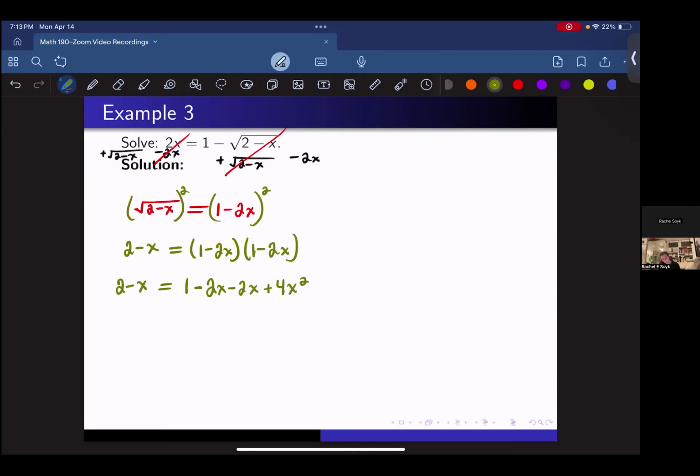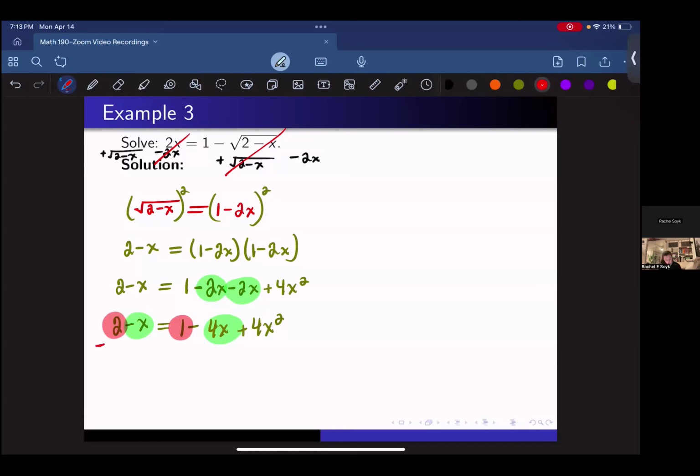And then we can do some combining like terms. -2x plus a -2x is just a -4x. We can combine some more like terms. We can add x to both sides. And then let's also combine our constants.